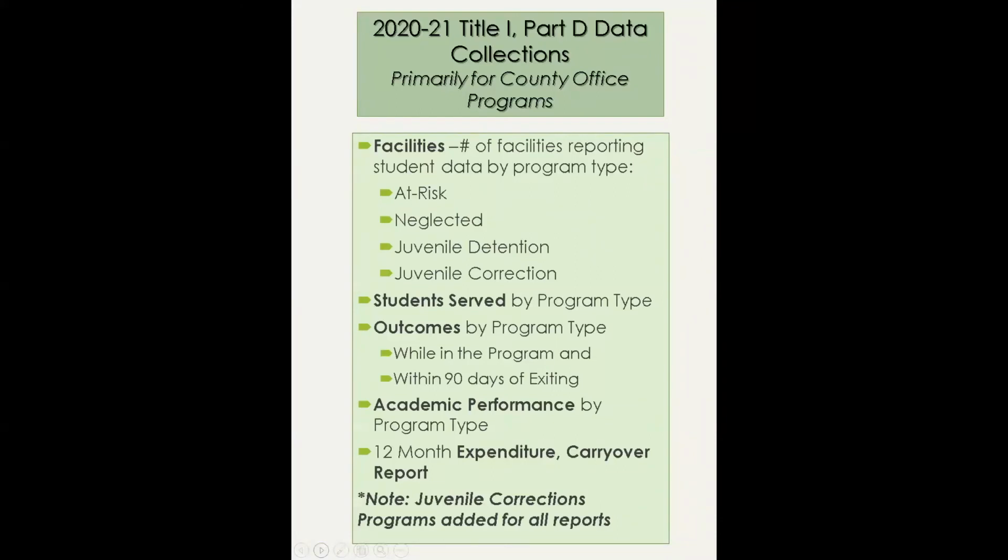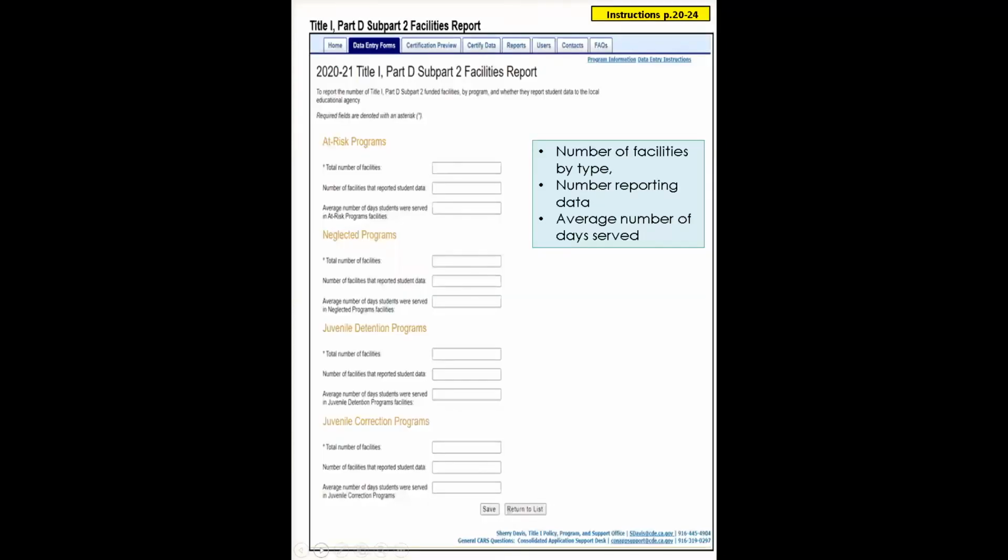Okay, and these are, again, all the Part D. You can see 1, 2, 3, 4, 5, 6, about 6 different reports on that. Next slide is the first one. And for Part D programs, this is when we talked about data dependency. It's a good example of data dependency.